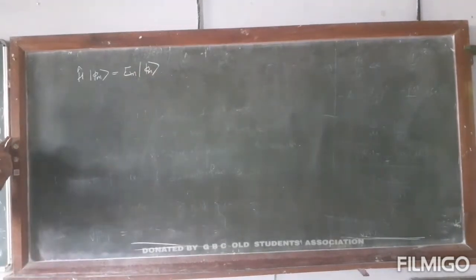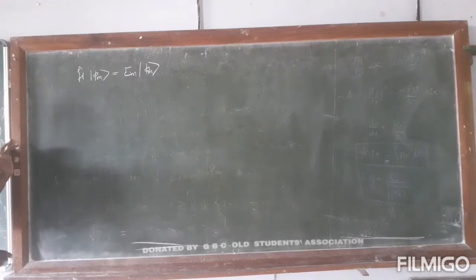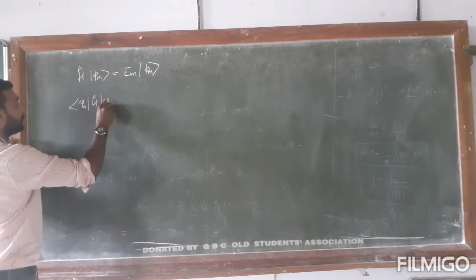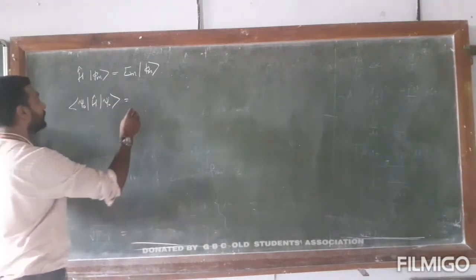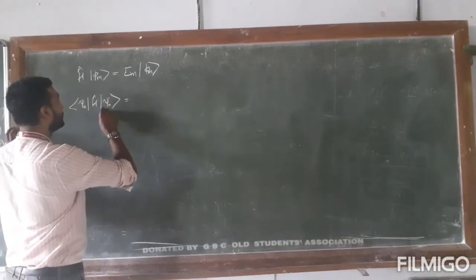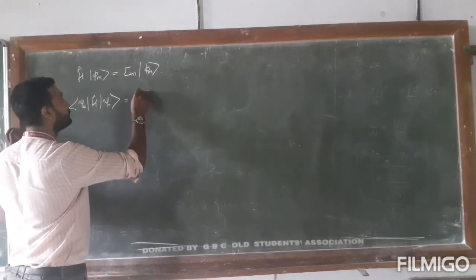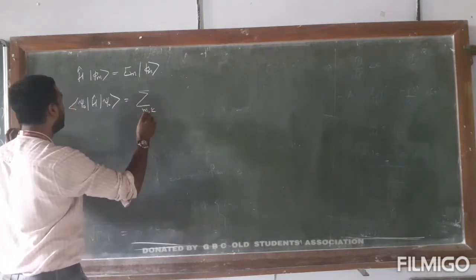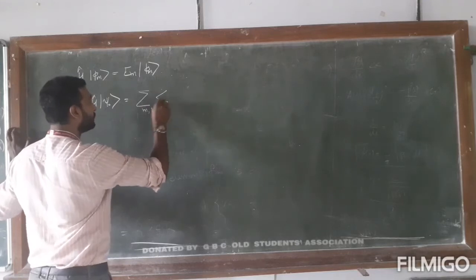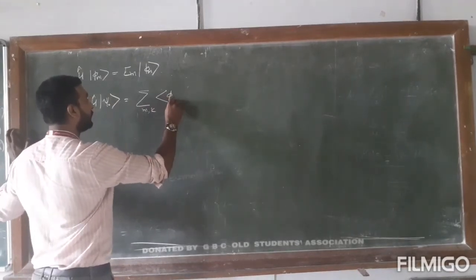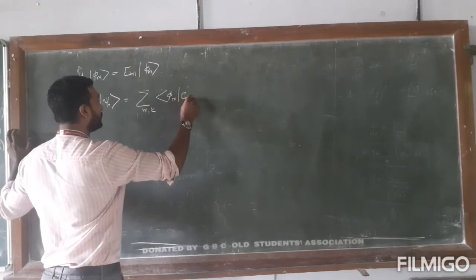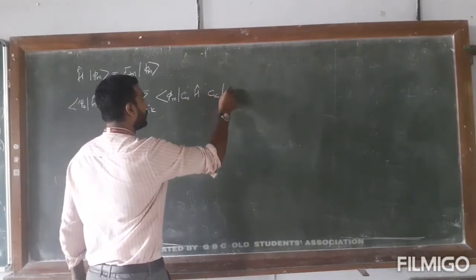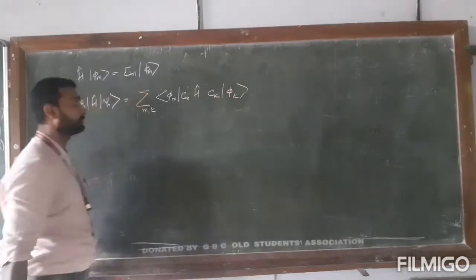Okay. Then we can find the expectation value of H in terms of psi 0. So ⟨psi 0|H|psi 0⟩ would be equal to, psi 0 is the sum over m and sum over k, ⟨phi m| Cm* H Ck |phi k⟩.